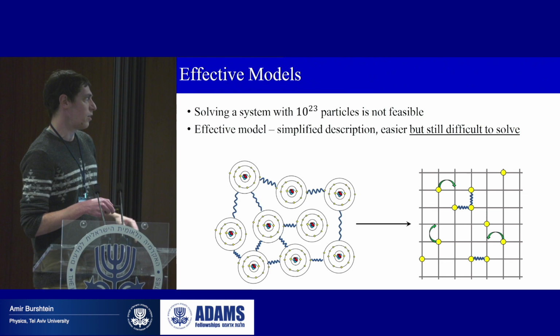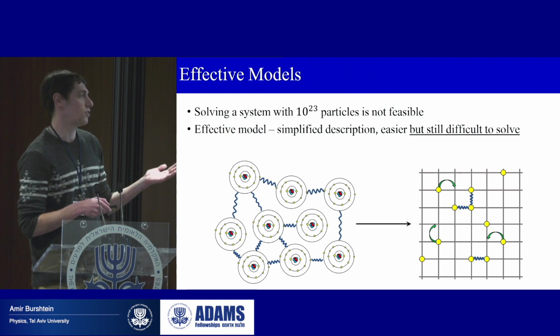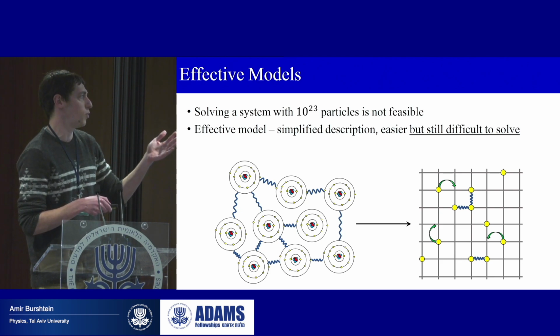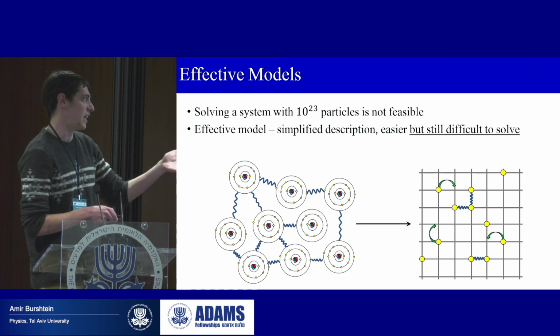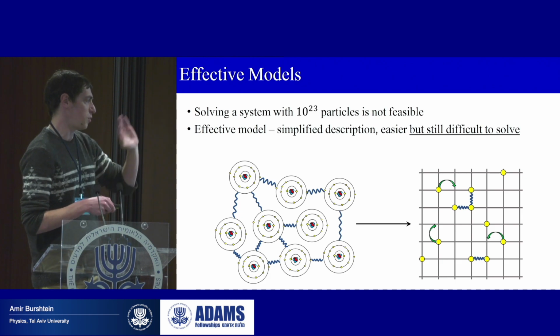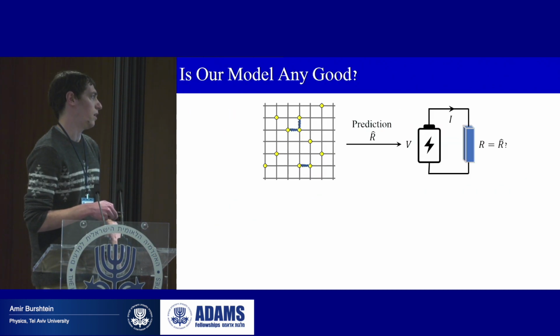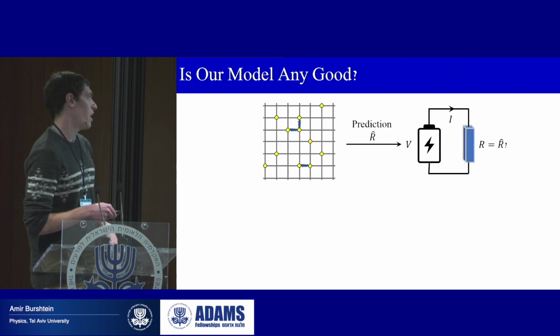And because it is simpler, perhaps it is possible to solve it. It is still difficult to solve because there are many particles, but it at least gives us hope that we can do something. So physicists think of ways to solve these kinds of models with all sorts of fancy methods and approximations, and this is a whole field of research.